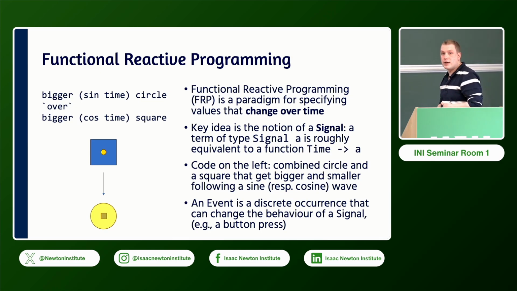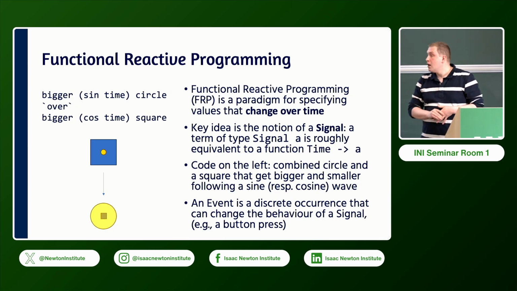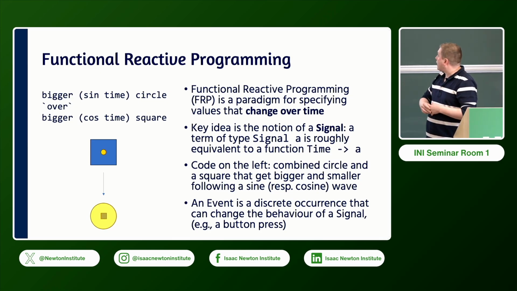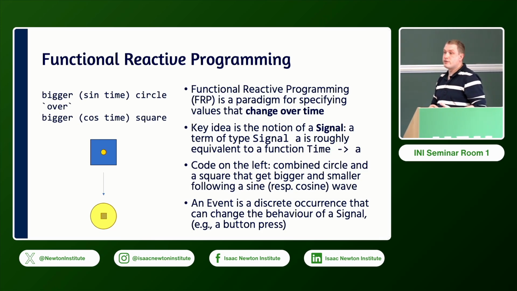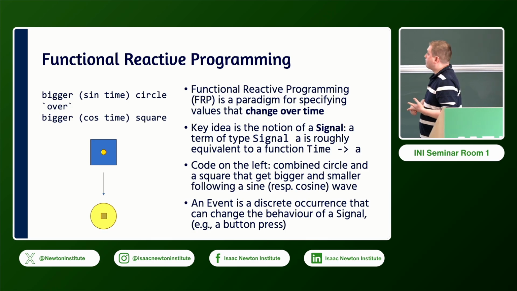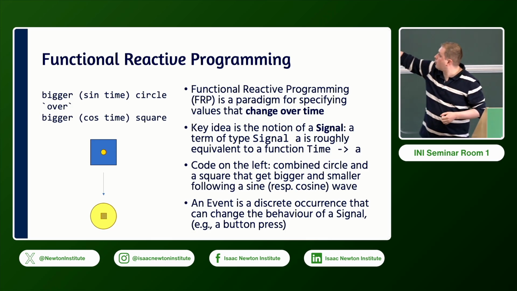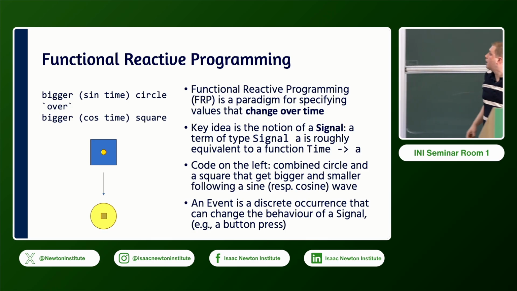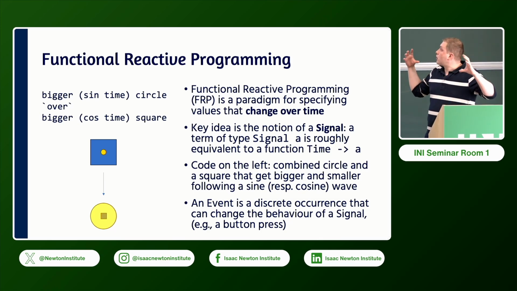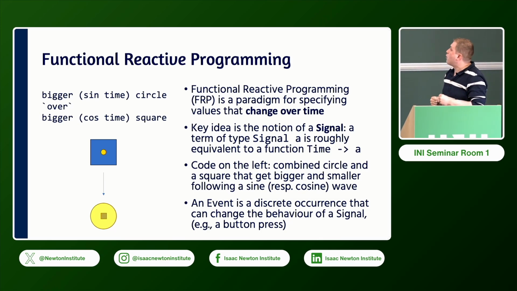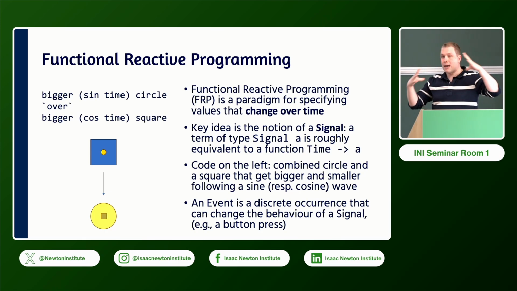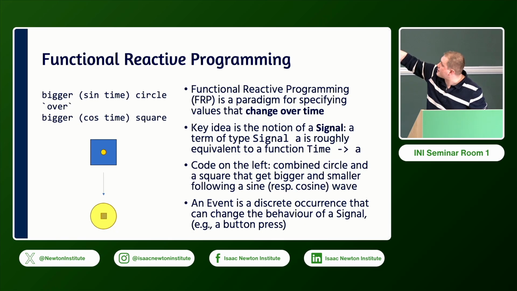from my discipline known as functional reactive programming. Now, functional reactive programming is a paradigm which we can use to specify values that change over time. So we've got this very simple example on the left-hand side of the screen here, and that's basically saying, well, we've got two shapes, a circle and a square, and what will happen is the circle will get bigger while the square gets smaller, and we can overlap these to compose them into a bigger shape.